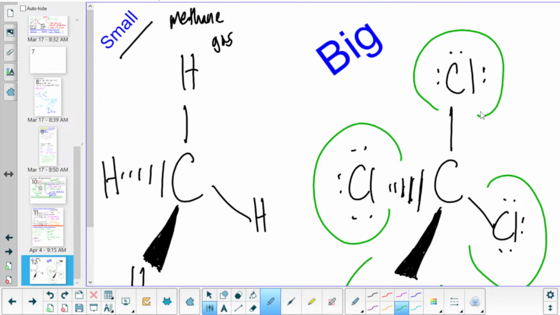This is carbon tetrachloride, and it is a liquid at room temperature and pressure, and there is no difference between these in terms of their bonding, bond angles, how they're connected together. These are otherwise identical molecules. But because the chlorine is big and has more London forces, it can be a liquid.